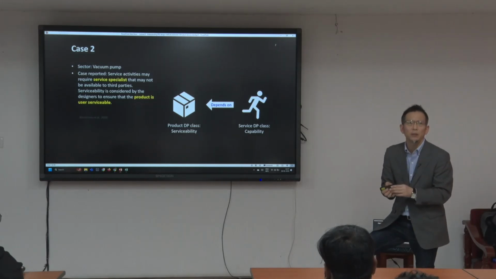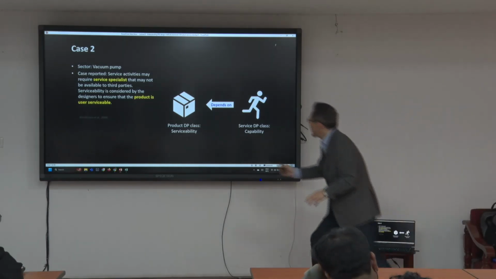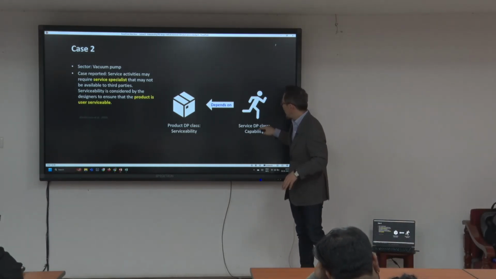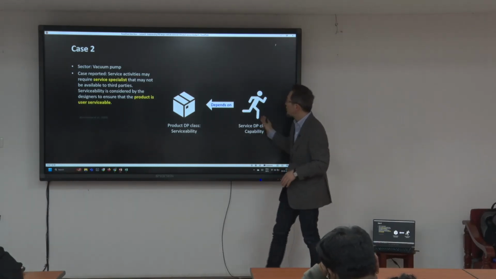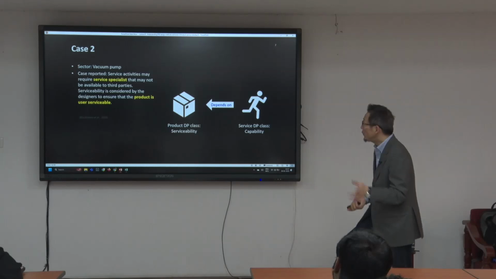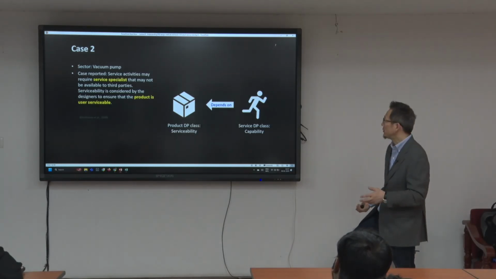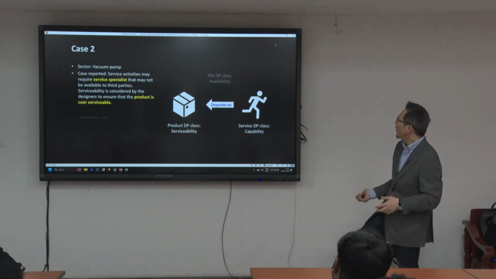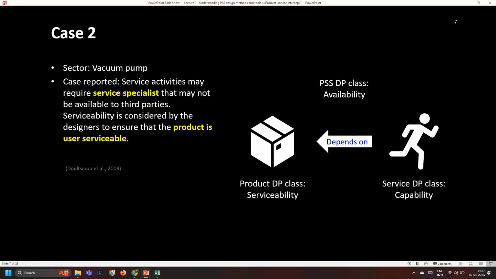That can be done by every layperson. And so the capability of the service technicians depends on the serviceability of the product, right? And in this case, making a good balance between the two contributes to the product service system design parameter availability, right? Okay.